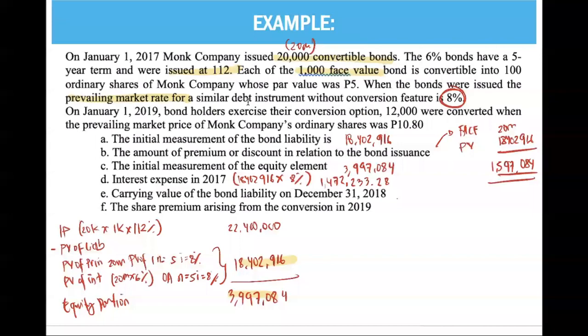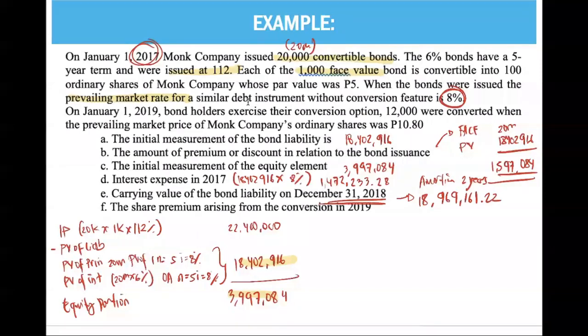Next, carrying value of the bond liability on December 31, 2018. For carrying value, you just need to amortize it for 2 years. So let's amortize our bond for 2 years. Upon amortization of 2 years, we will get 18,969,161.22.